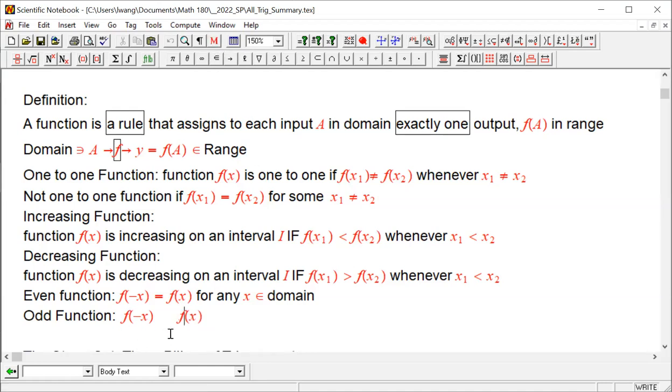How do we express that these two are opposite to each other? Well, one is equal to the negative of the other. So this is for odd function.